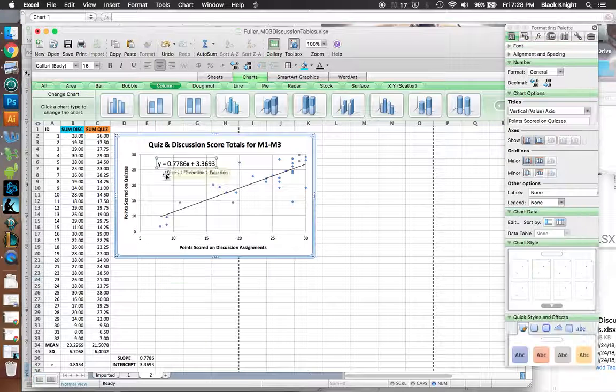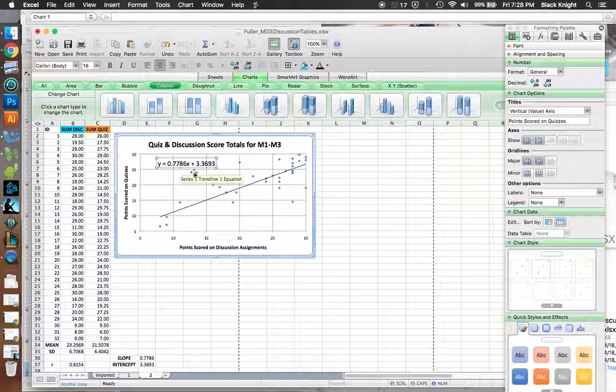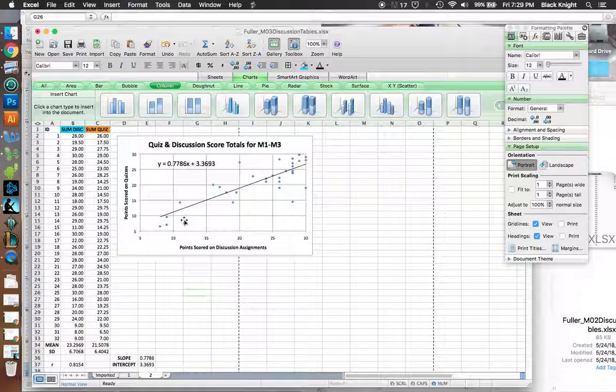We also did just the trend line equation there. Excel will just drop that in for you, and I put that in to check my work and make sure this was calculated right, which it seems to be. In context, the correlation coefficient means that the students who tended to do better on the discussion assignments also tended to do better on the quizzes.